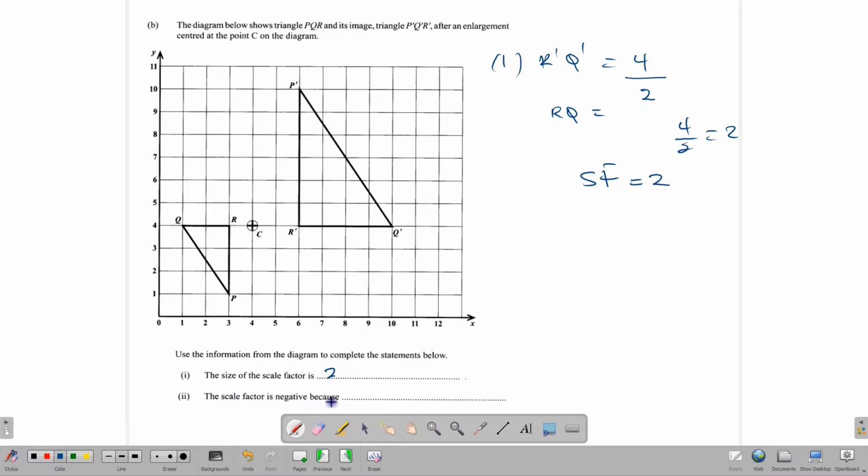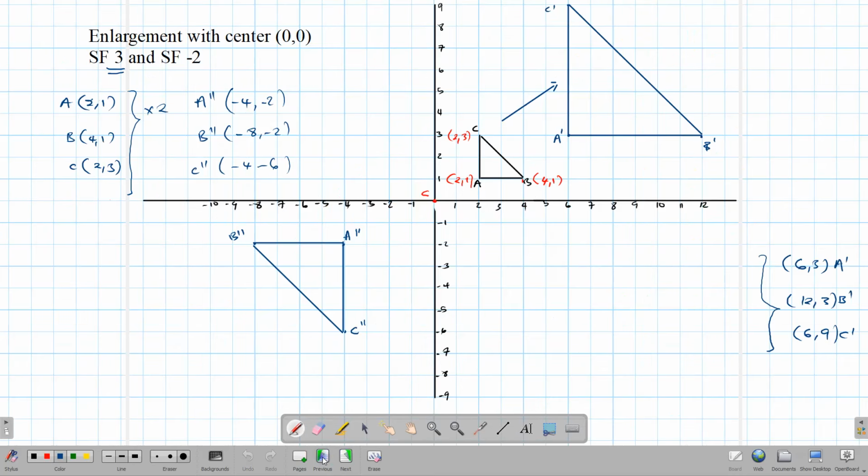And now we need to complete the statement. The scale factor is negative because, now notice, and I'm going to skip back a little bit so you can remember, when we use the negative scale factor in this question, the image appeared on the other side of the center. With a positive scale factor, the image is on this side of the center.